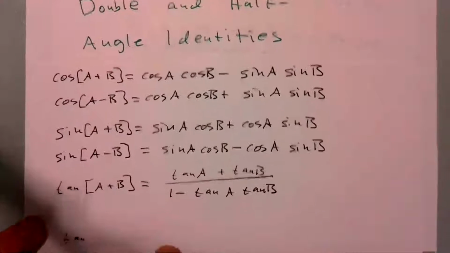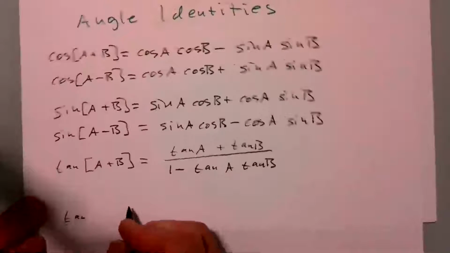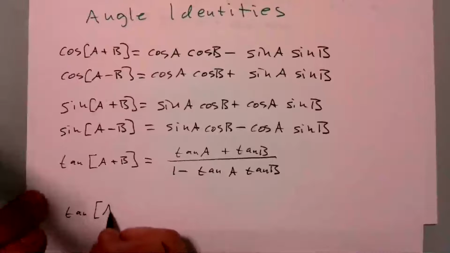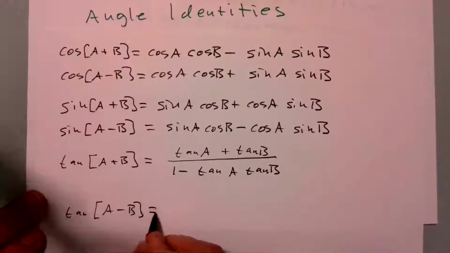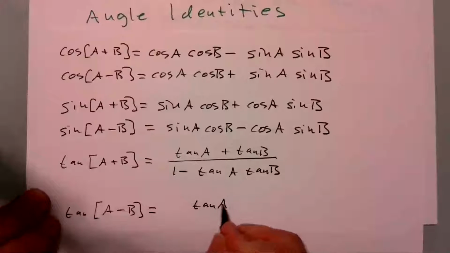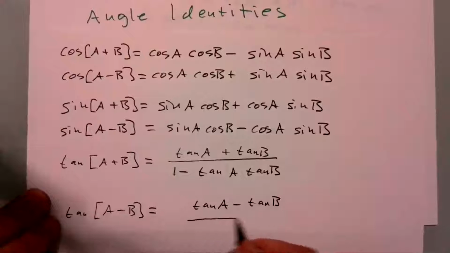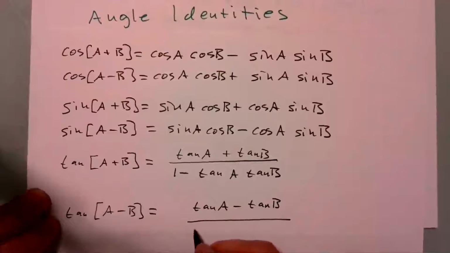Tangent A minus B equals tan A minus tan B over 1 plus tan A tan B.